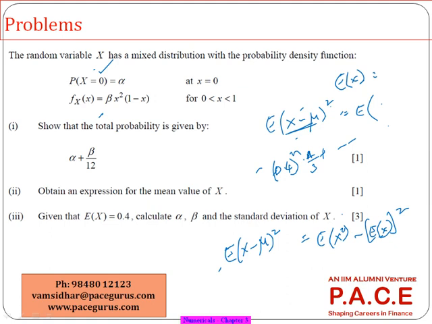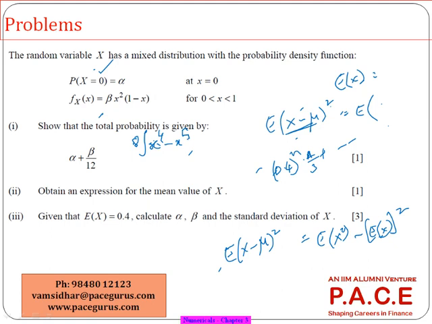So the value multiplied by its corresponding probability: 0.16 into alpha. That is for the discrete part. For the continuous part, I'll do it as beta, which is 8, into the one I will multiply it with x squared, which is x power 4 minus x power 5. I do the integration of this part.